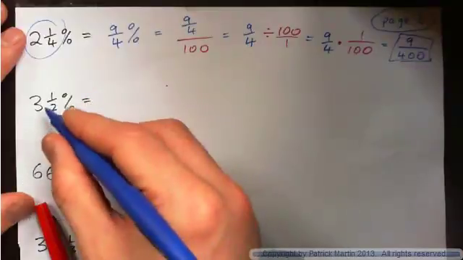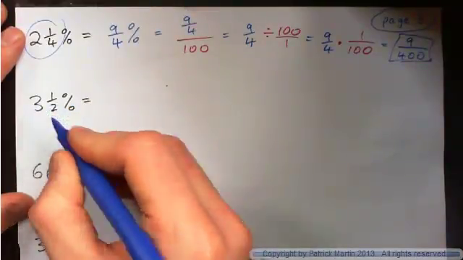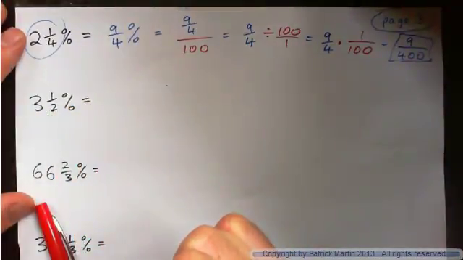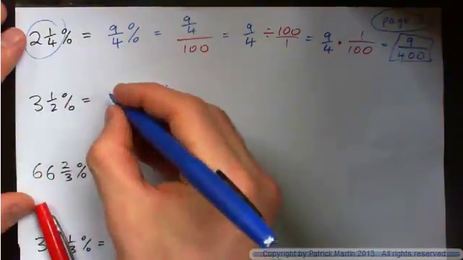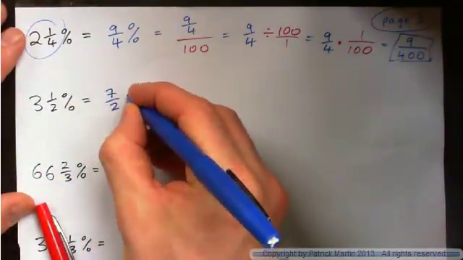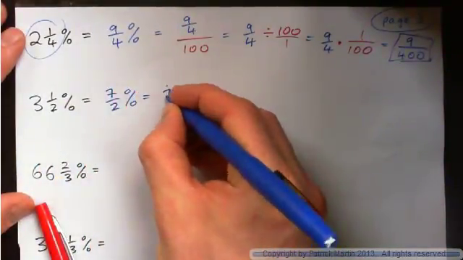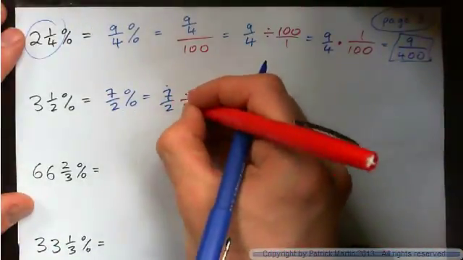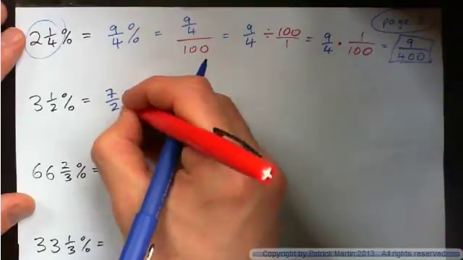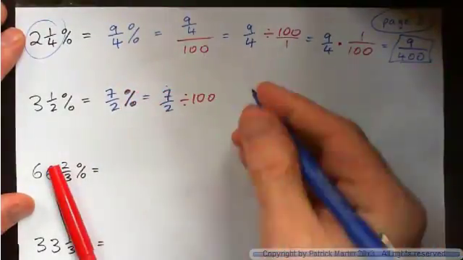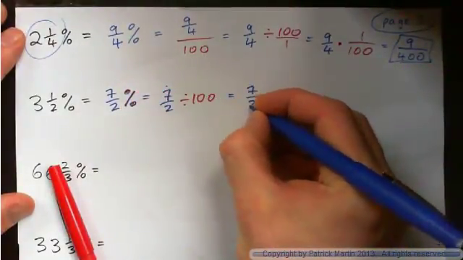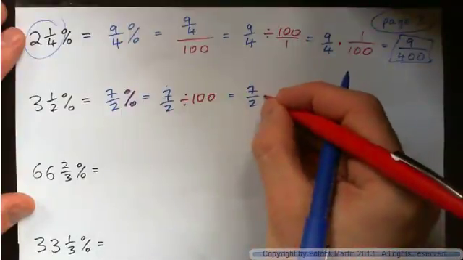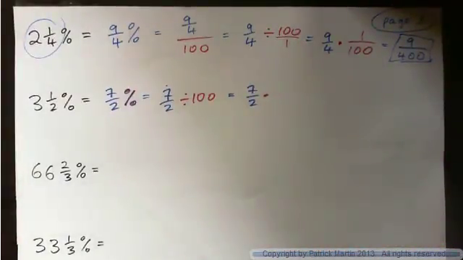3 and 1/2%. Write it as a mixed number. 2 times 3 is 6. 6 and 1 is 7. So that's 7 over 2%. Or 7 over 2 divided by 100, because that's what percent means, divide by 100, which of course is 7 over 2 multiplied by the reciprocal.